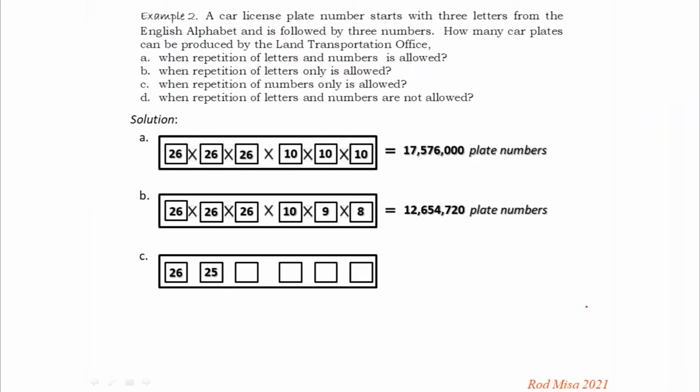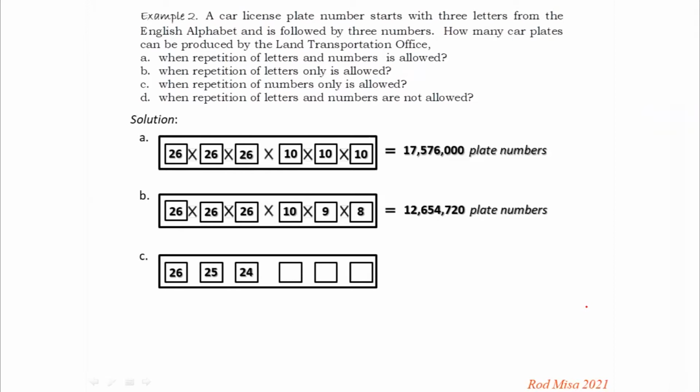And in the third position, I am left with 24 choices because 2 of the 26 letters are already used in the two positions. So we have 26 choices for the first letter, 25 choices for the second letter, and 24 choices for the last letter.